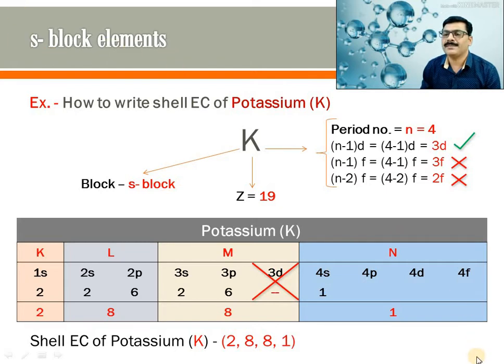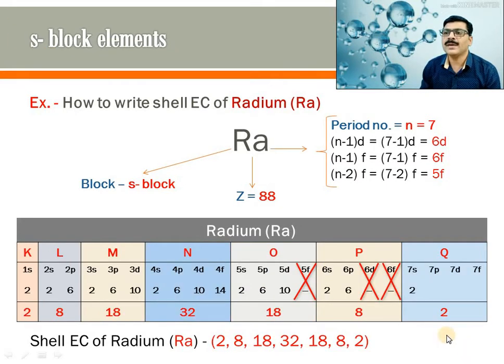Then the second example: how to write the cell electronic configuration of radium. First you have to know in which block radium is present, what the atomic number of radium is, and what the period number of radium is.